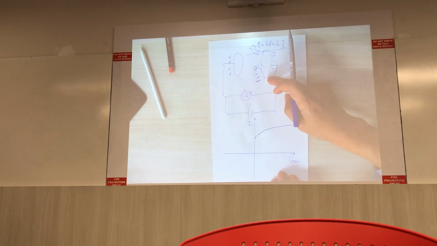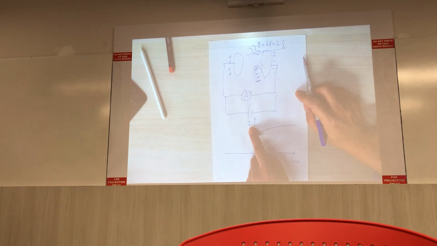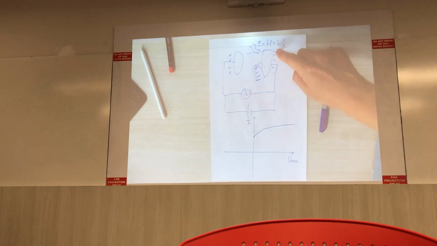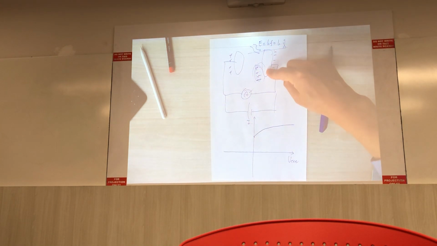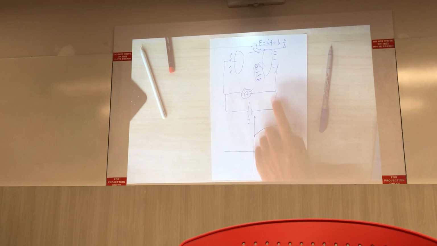So the maximum current is ultimately determined by the number of photons. If I put in 10 photons, then there will be 10 electrons released. So I have just a certain limited number of charges, therefore my current cannot increase linearly all the way. It must be saturated.